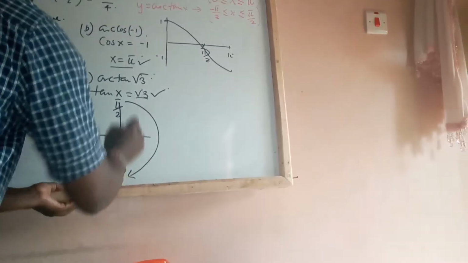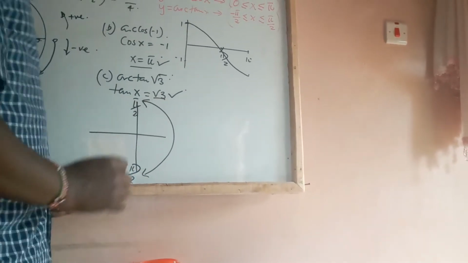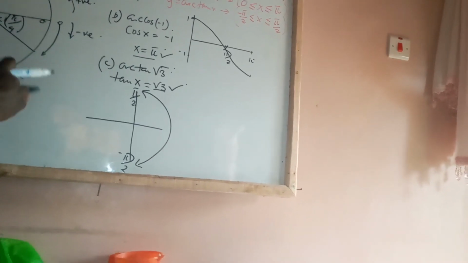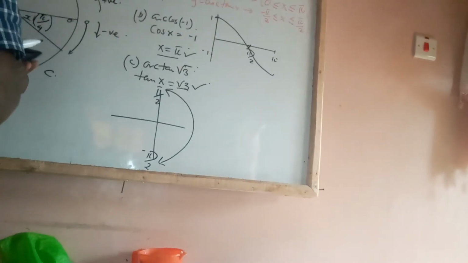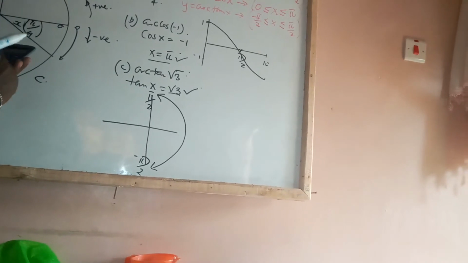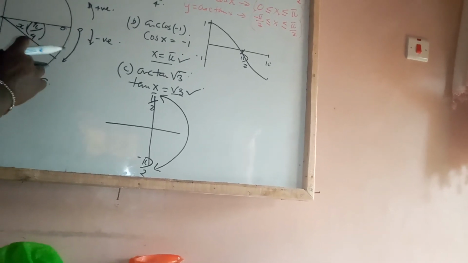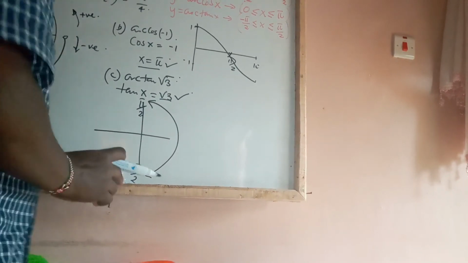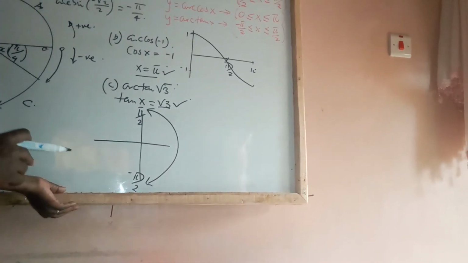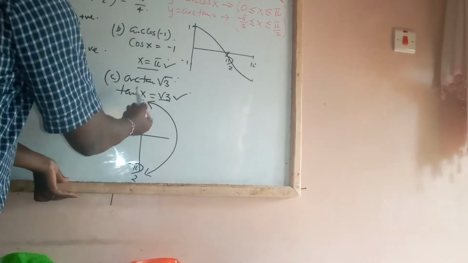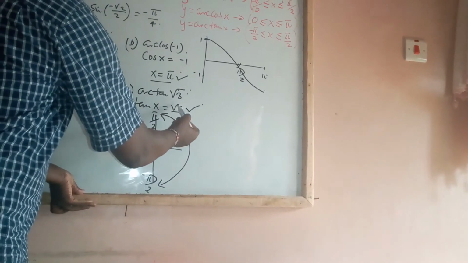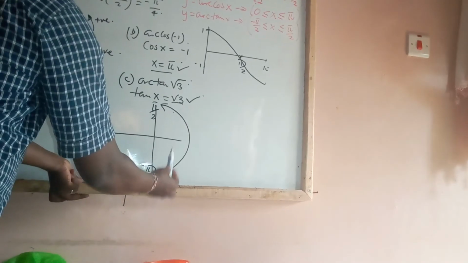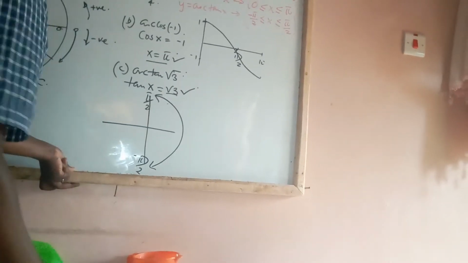Again, we are concentrating in those two quadrants. So if we take root 3, and then we say shift tan of the answer, we are going to get pi/3. There was a certain angle x whose tangent was root 3, and that x was concentrated between these two regions.